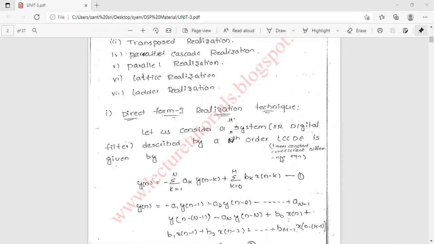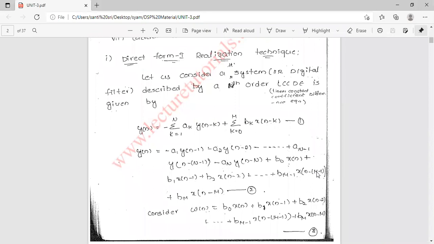Okay, next this can be written like this: y of n equal to, here k is varying from 1 to n, here also k is varying from 0 to m. So it can be written as minus a1 into y of n minus 1 minus a2 into y of n minus 2 plus and so on, minus a n into y of n minus n, plus b naught into x of n plus b1 into x of n minus 1, b2 into x of n minus 2.